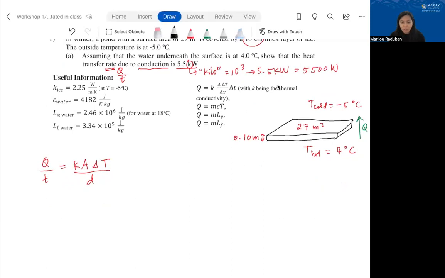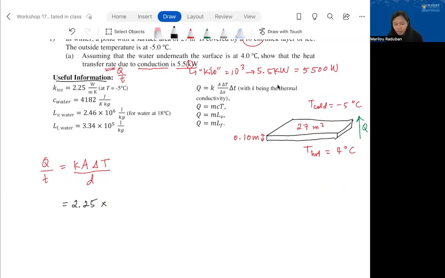Okay, and it turns out we actually have everything from the given information. There's some other useful information at the bottom of the worksheet. The thermal conductivity of ice is given as 2.25. So K is 2.25 watts per meter Kelvin.